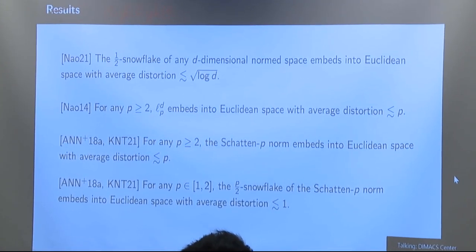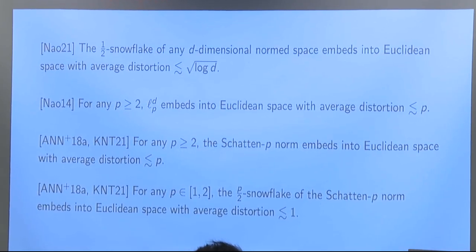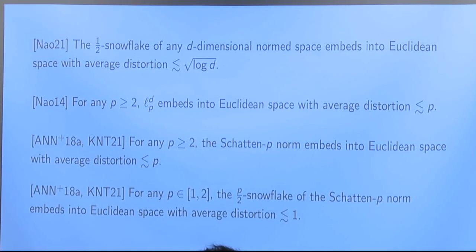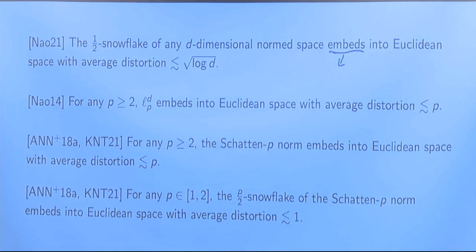I'll say something here, which is already pointing to an open problem, which is that, sorry, something's wrong with my pen. One second. So this embedding is non-constructive in the sense that it's also not explicit, and we don't know any efficient algorithm that can compute it.